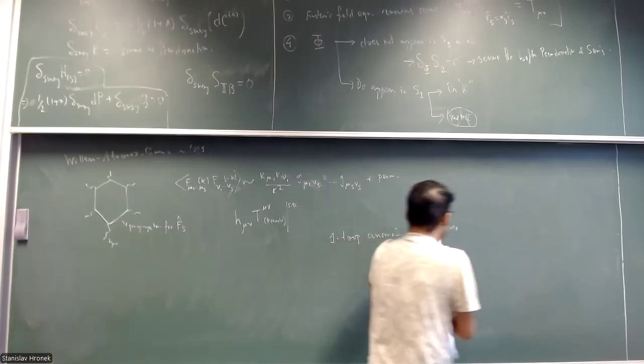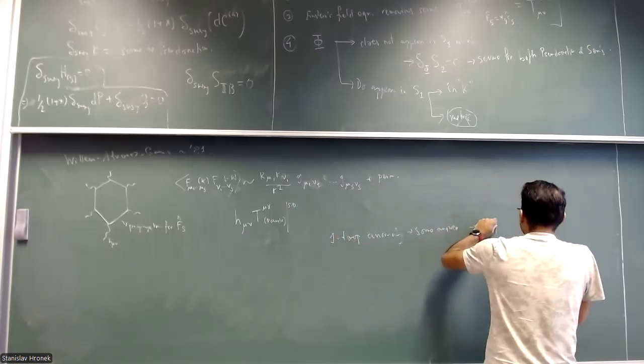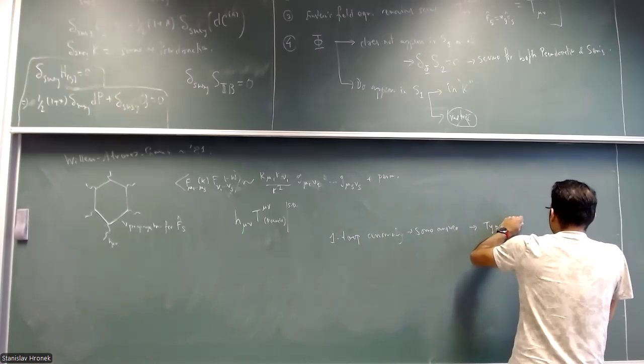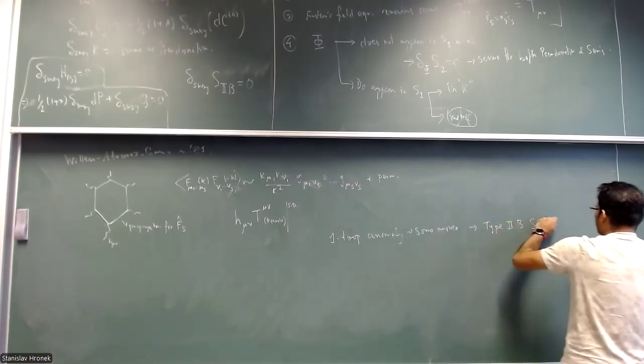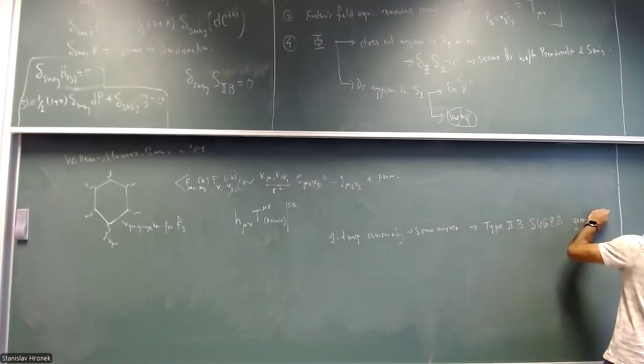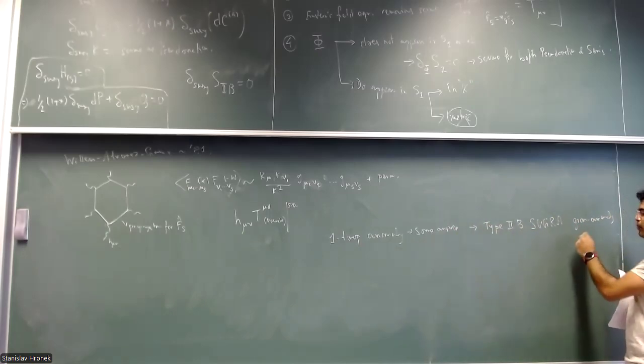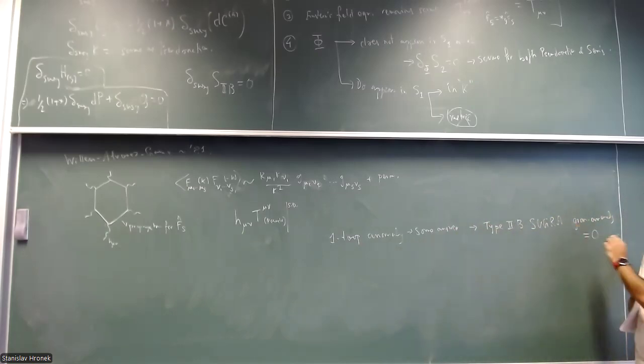And we know this answer is correct because this is the answer when you plug in to the type IIB supergravity gravitational anomaly computation.